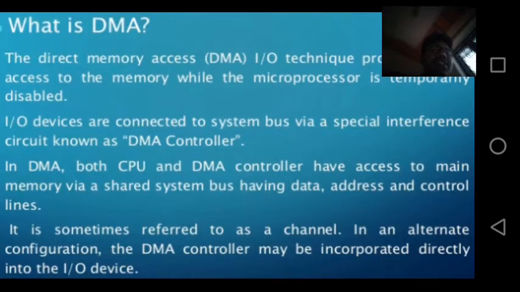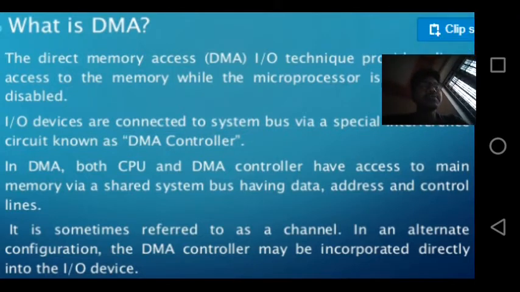This is called transparent DMA. We'll discuss in detail what those techniques are.